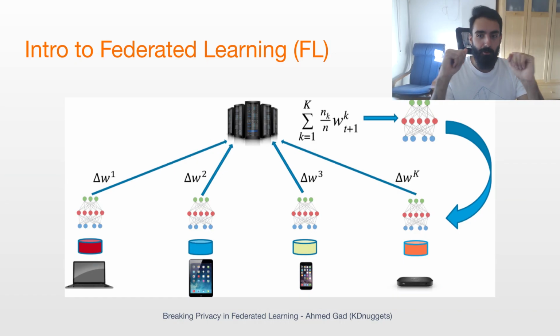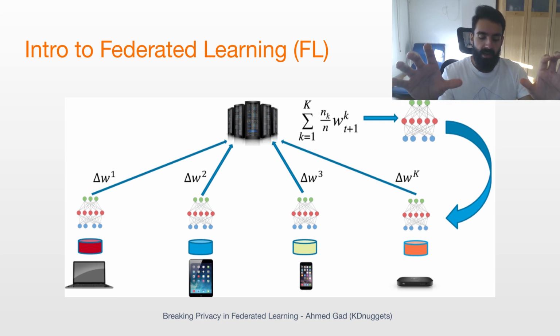So the idea is simple. We have a server that coordinates the entire learning procedure and a set of clients that contain the private data. We ship our model from the server down to all the clients, and these clients will independently train the model on their local data.